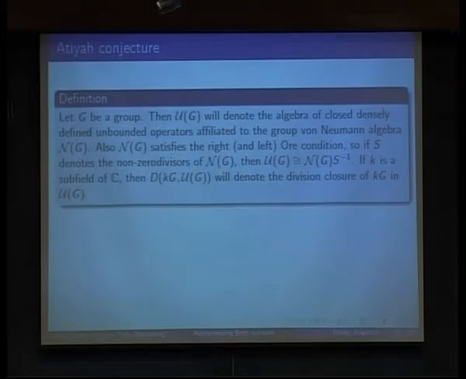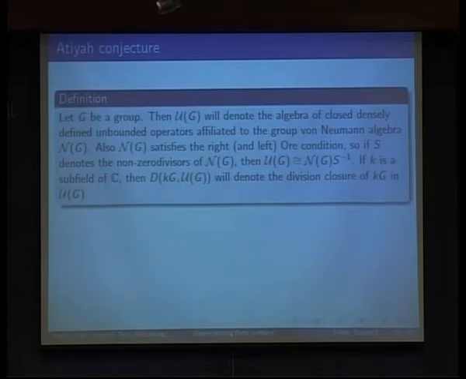That sounds a bit complicated, but the key properties are that N(G) will satisfy the left and right Ore condition. Then U(G) is just the ring of fractions N(G) S^{-1}. This ring of fractions exists and will be isomorphic to U(G). Of course, it will certainly be very far from being a skew field.